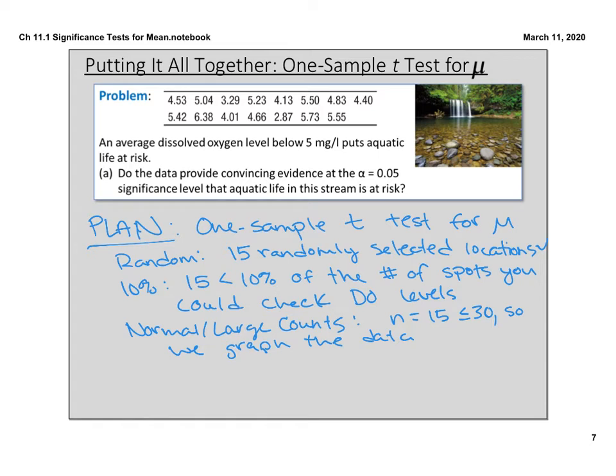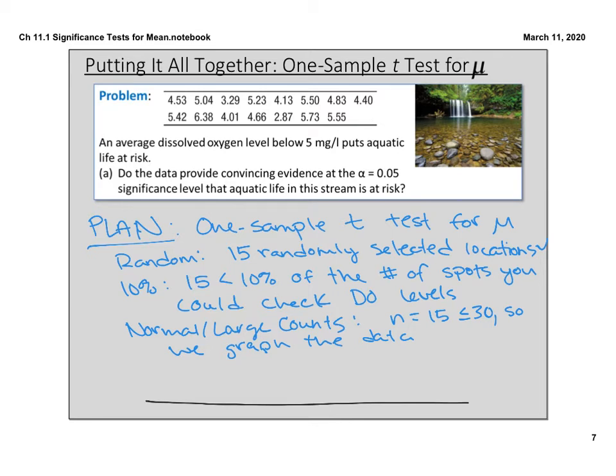I'm just going to do a dot plot because there's only 15, so that seems easy enough to me. You could, if you wanted to use your calculator, plug this data into your L1, and we're going to end up doing that anyways, and then check a histogram of it if you wanted to see what the histogram looks like.